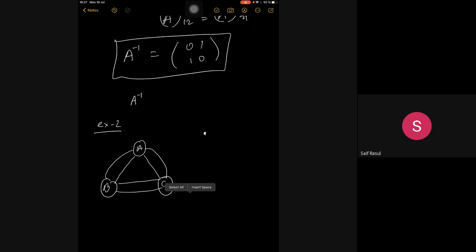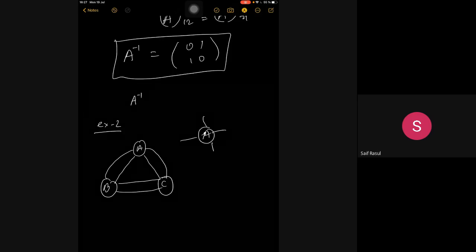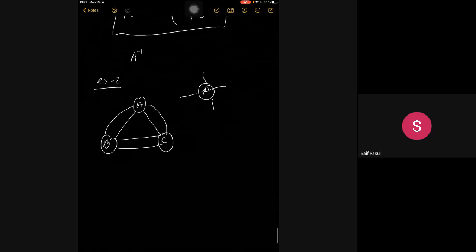It's a very badly drawn graph, but each of them has 4 hands. Each of these vertices, A for example, has 4 hands.